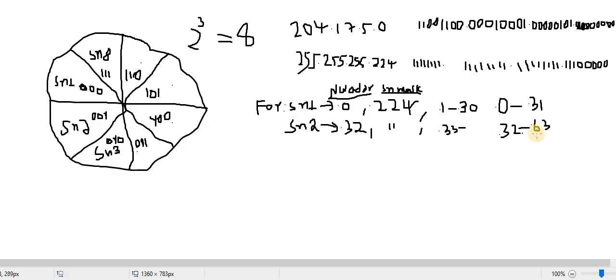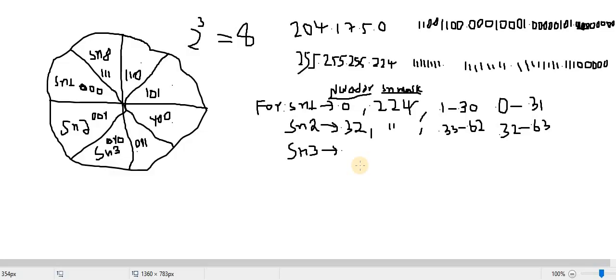So in other words, starting from the network address to the broadcast address, from .32 to .63 is the range of IP addresses. So we are continuing from the above. From 0 to 31 is the range of IP addresses in subnet 1. From .32 to .63 is the range of IP addresses in subnet 2. Always the last host address in a subnet is the broadcast address minus 1. So this will be 62.